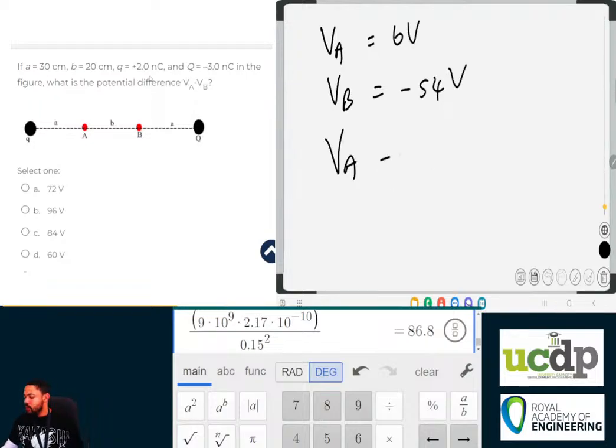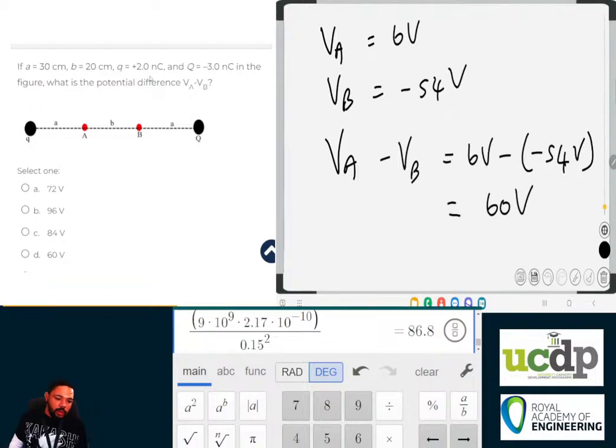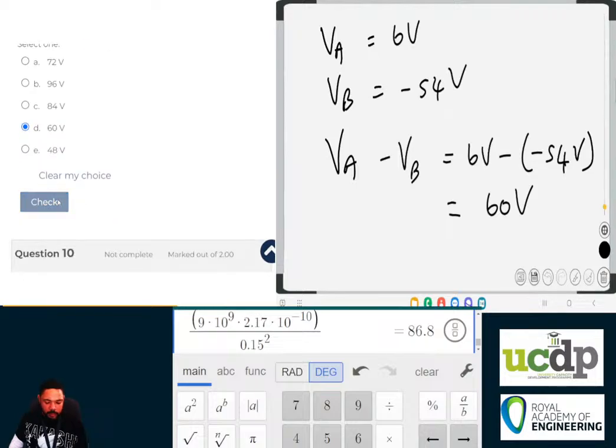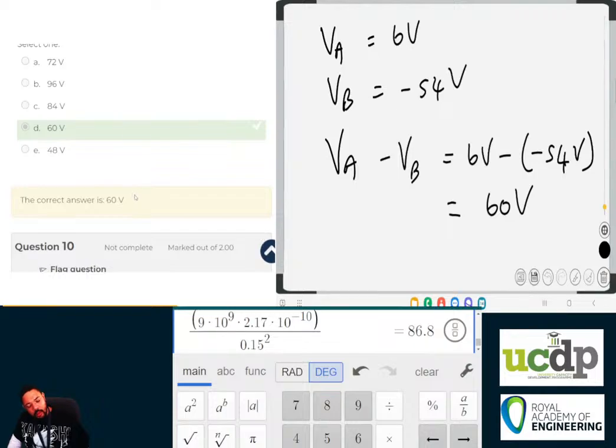VA minus VB is then equal to 6 volts minus negative 54 volts, which is equal to 60 volts. Let's check if 60 volts is the answer. Yes, 60 volts is indeed the correct answer.